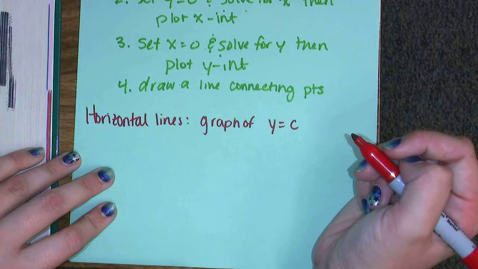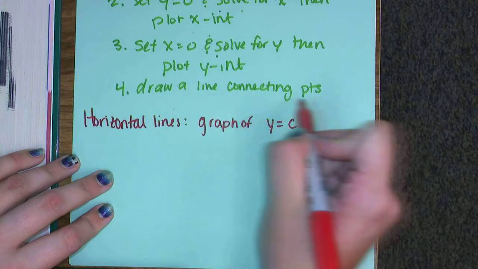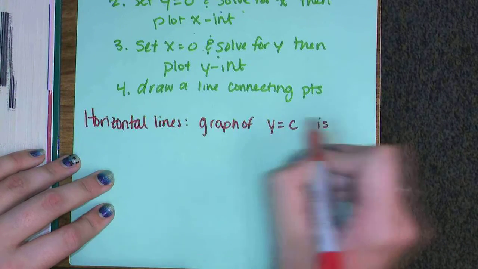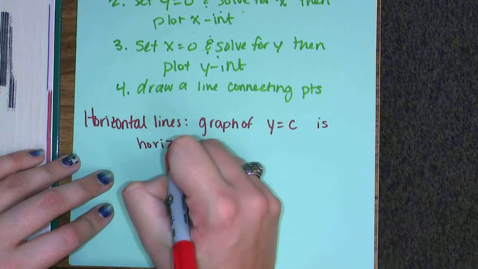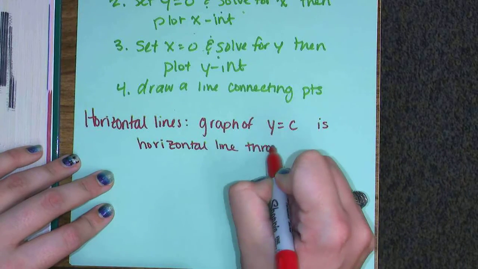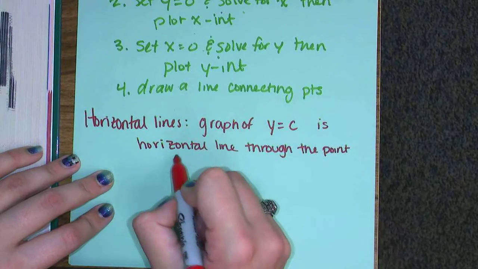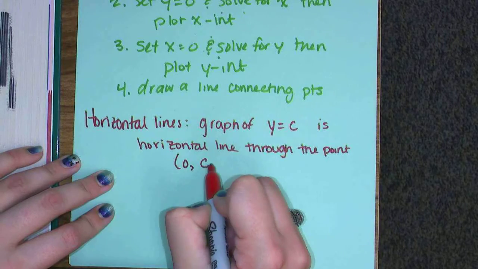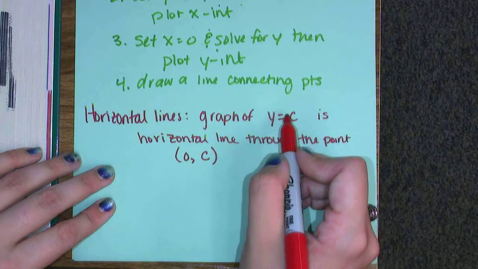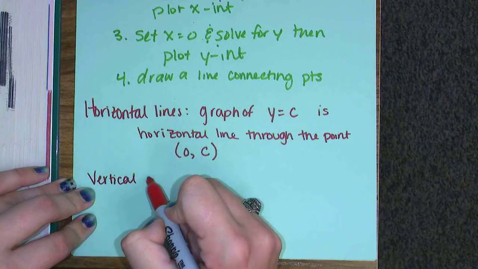Okay, so if you have y is equal to some number, that's a horizontal line, meaning it goes this way, side to side, and it is a horizontal line through the point 0, c, because c is where it crosses the y-axis. And then similarly for vertical lines, okay, so these are the ones that go up and down.